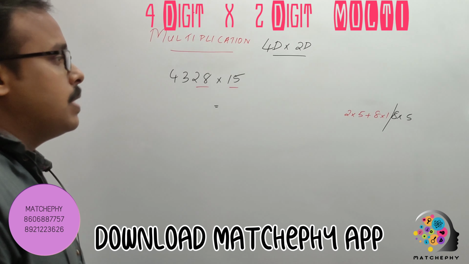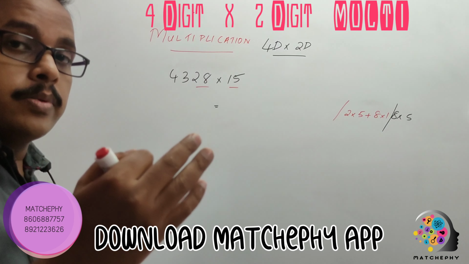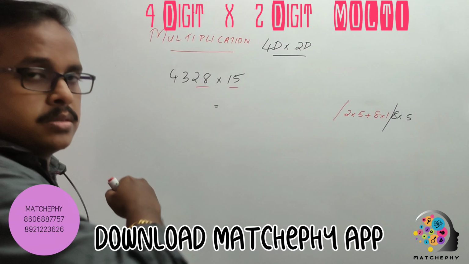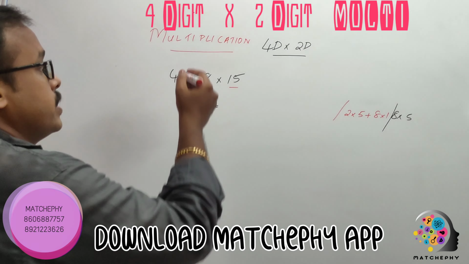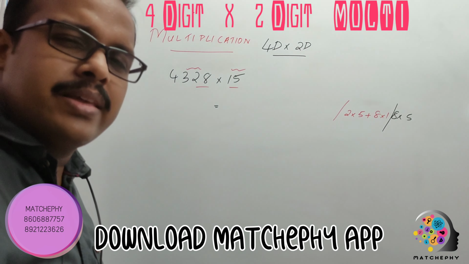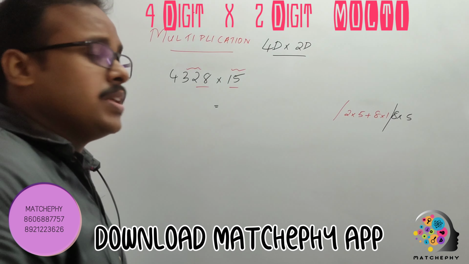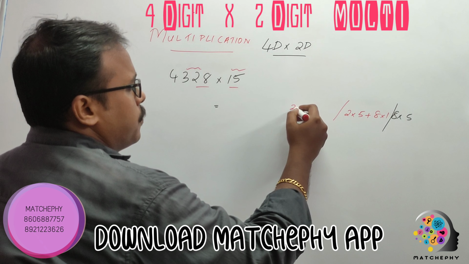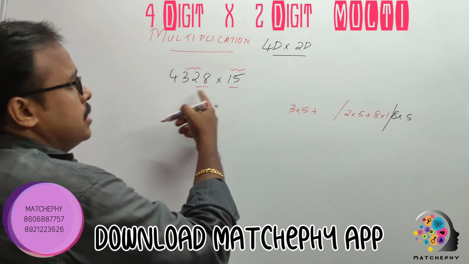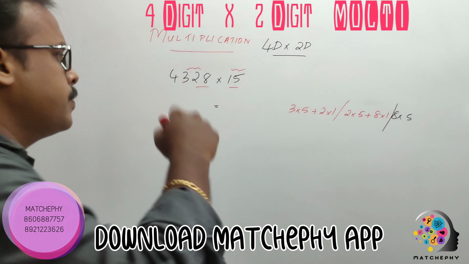Now please keep in mind we are continuing the process. Next pair, 32 into 15. The same thing we have done in 3 by 2 multiplication: 3 into 5 plus 2 into 1. Is it fine? Yeah.